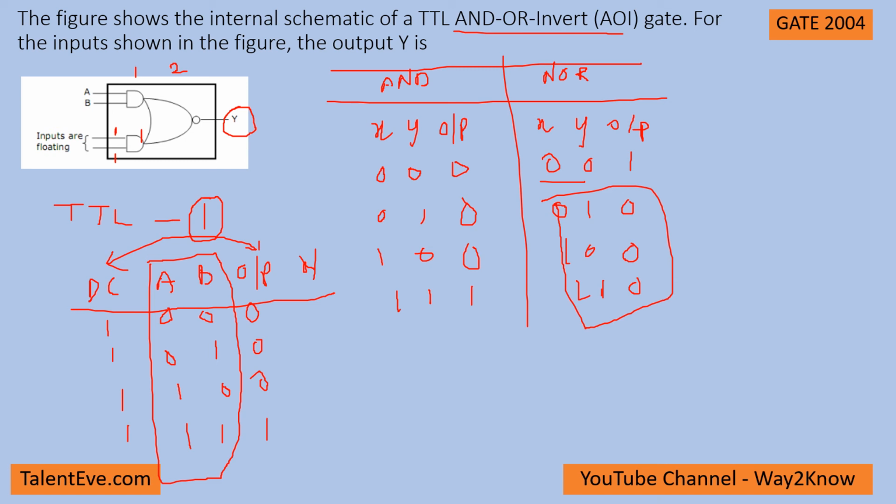Here, for the floating AND gate, the output is always 1. So irrespective of A and B, because this input is 1, that means one of the inputs is always 1, irrespective of these AND gate outputs, the output will always be 0. So for a NOR gate, based on its functionality, Y is equal to 0.